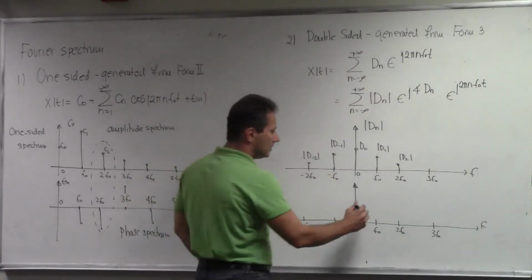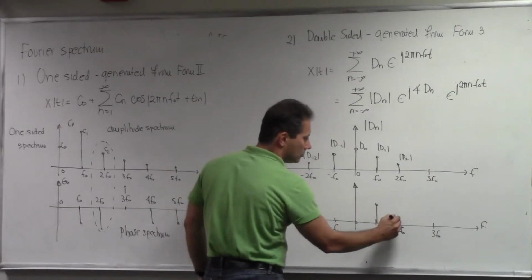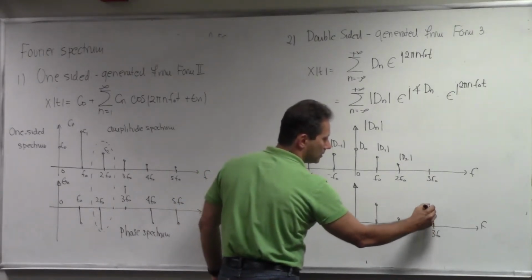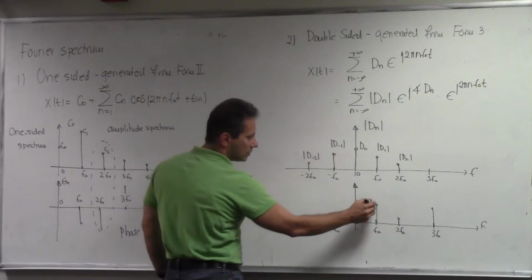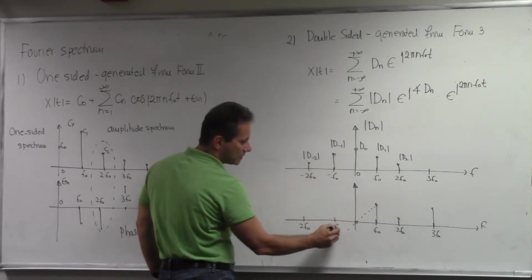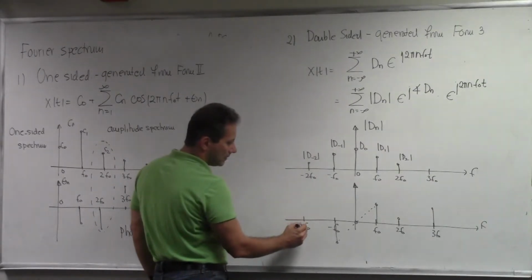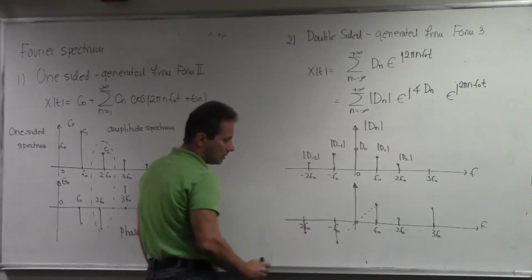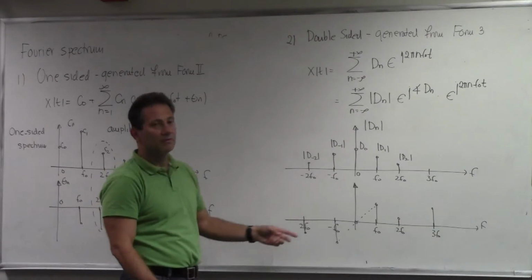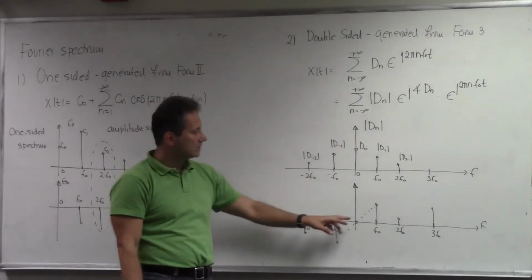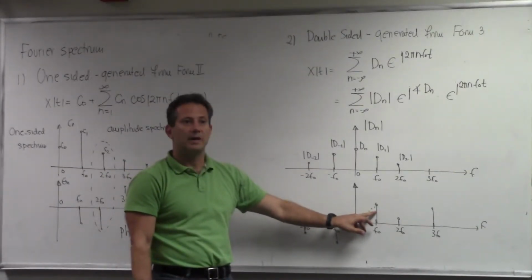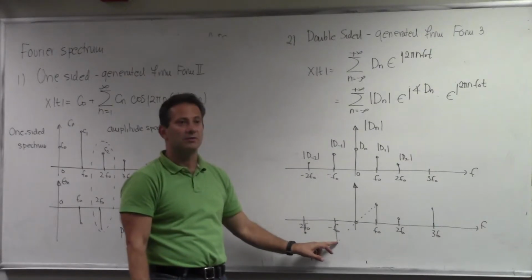Now, the phase of D1, let's say D2, can be anything, depending on the signal. But what you also know is that if the signal is real, the phase has to be an odd function of frequency. So if this is plus 3/4 of pi, then this is minus 3/4 of pi.